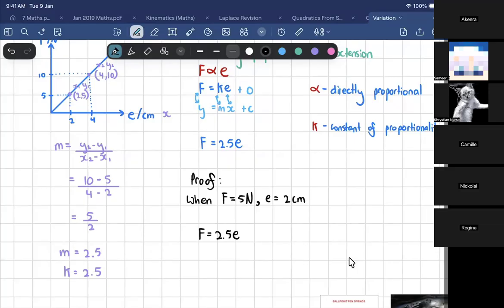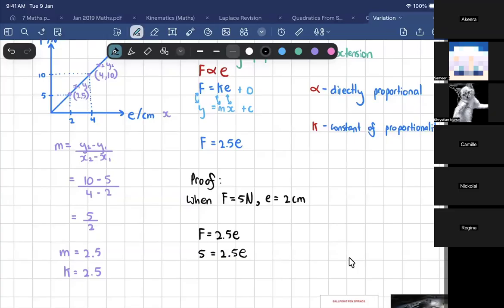Five. A lot of these things are a lot simpler than you think. If I tell you you're applying a force of 5 newtons, at that point F is 5. So I would say F, which is 5, would be equal to 2.5 E.